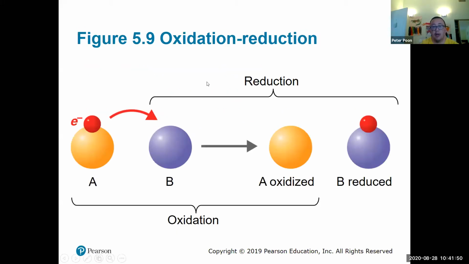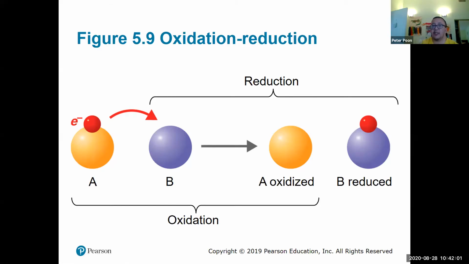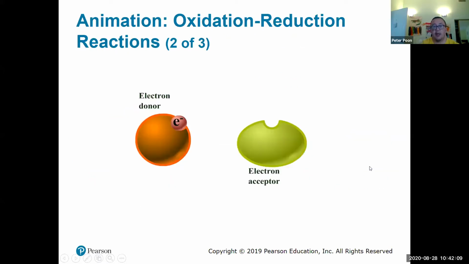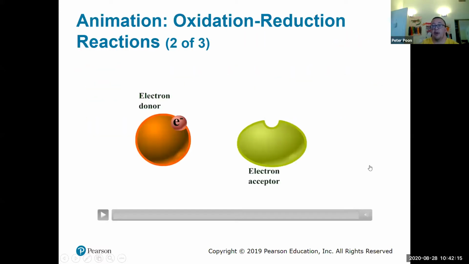So electrons, B is reduced and A is oxidized. In oxidation reduction reactions, one thing gets reduced, one thing gets oxidized. A is oxidized, B is reduced. The thing that is an electron donor is oxidized, the electron acceptor is reduced.